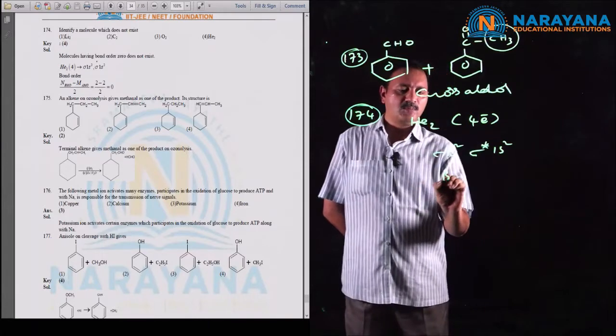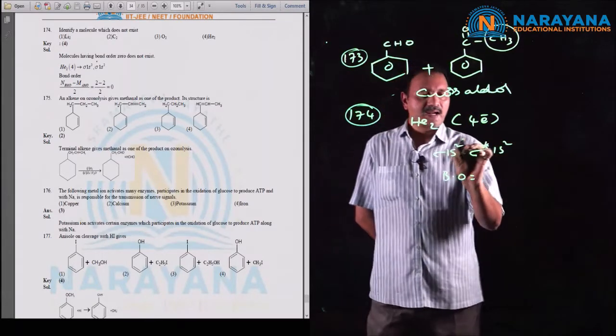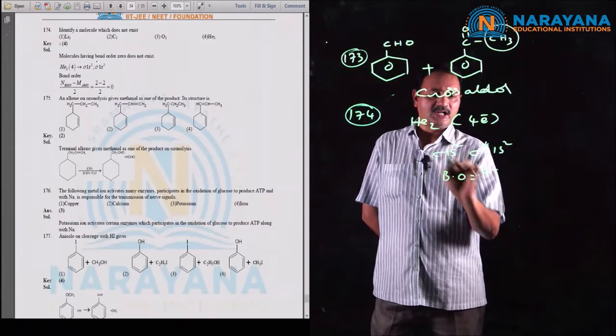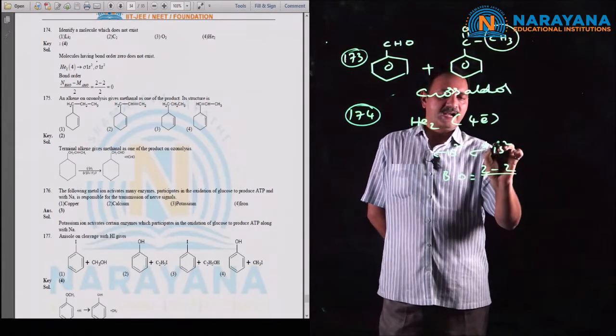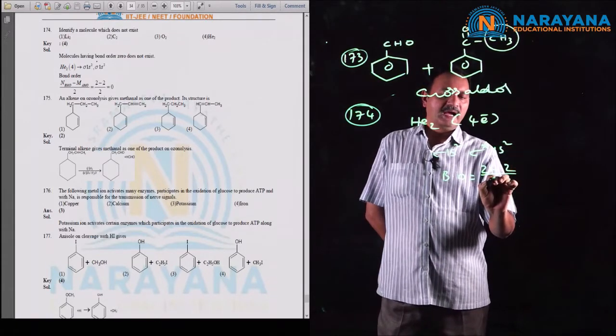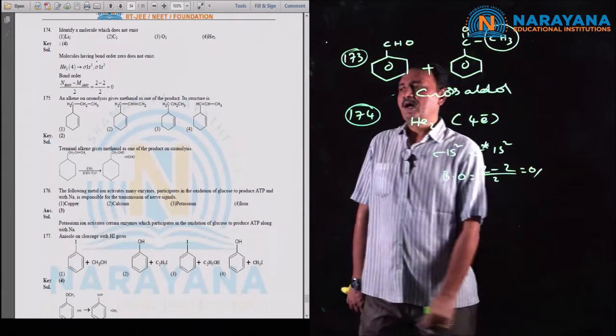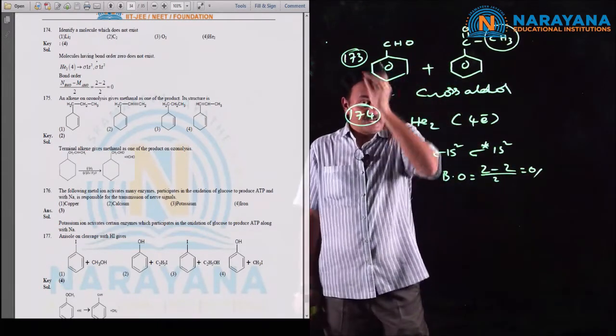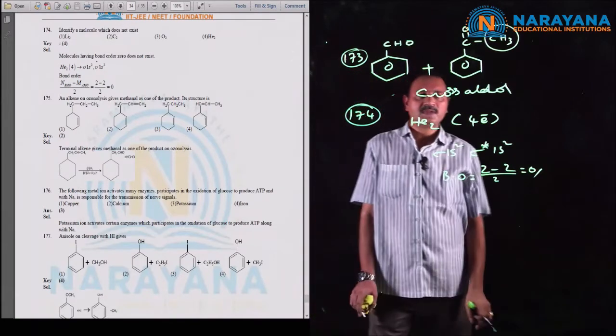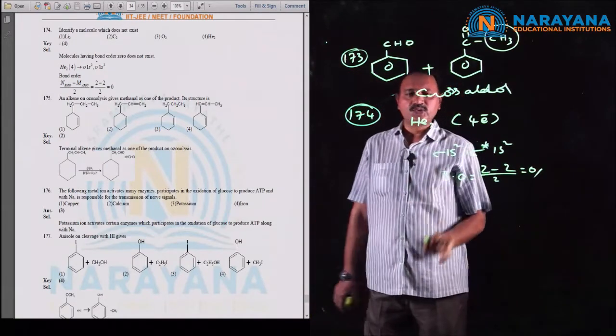Here the bond order is nothing but the number of electrons in bonding molecular orbitals, 2, minus the number of electrons in anti-bonding molecular orbitals, 2, divided by 2. Now the value is equal to 0, so the bond order is 0. So there is no chance for the existence of a bond between two helium atoms, so He2 does not exist.